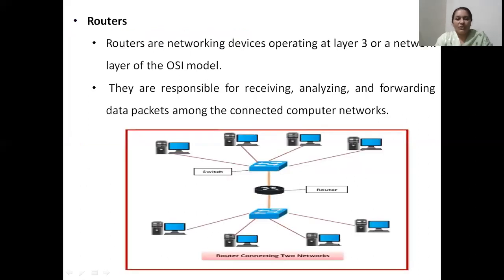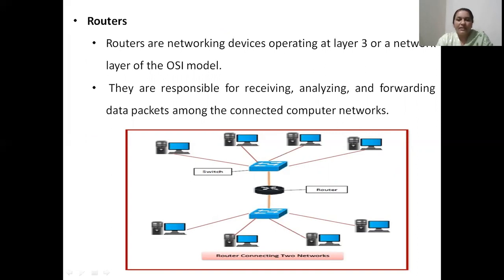Now coming to routers. Routers are important networking devices which operate in the network layer, which is layer 3 in the OSI model. These routers are responsible for receiving, analyzing, and forwarding data packets among the connected computer networks.